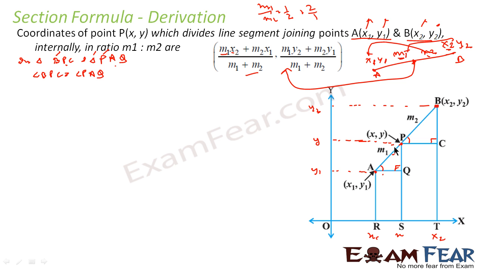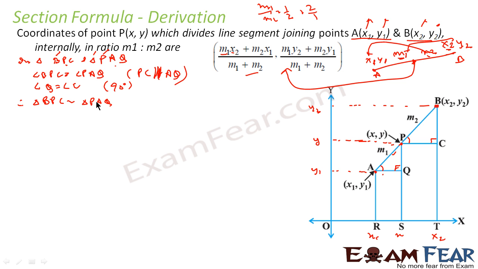Because PC is parallel to AQ, they are corresponding angles. Also, angle Q is equal to angle C. Why? 90 degrees. Therefore, triangle BPC is similar to triangle PAQ.